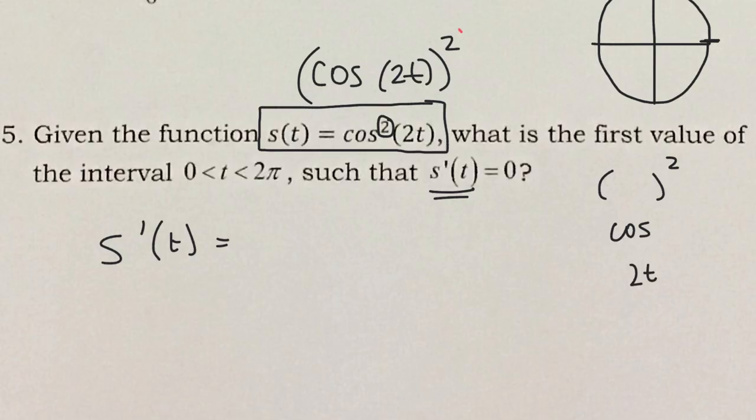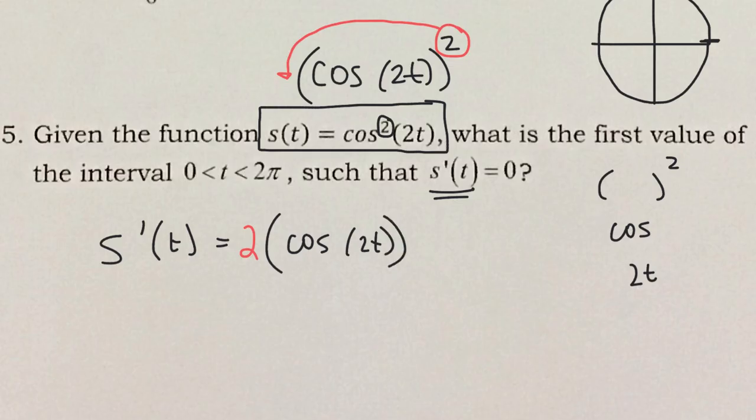So first I take the 2 from my power and move it to the front of my equation. So 2 times the cosine of 2t raised to the first power, right? So we don't have to write a 1 up there, but 2 minus 1 is 1, so raised to the first power.